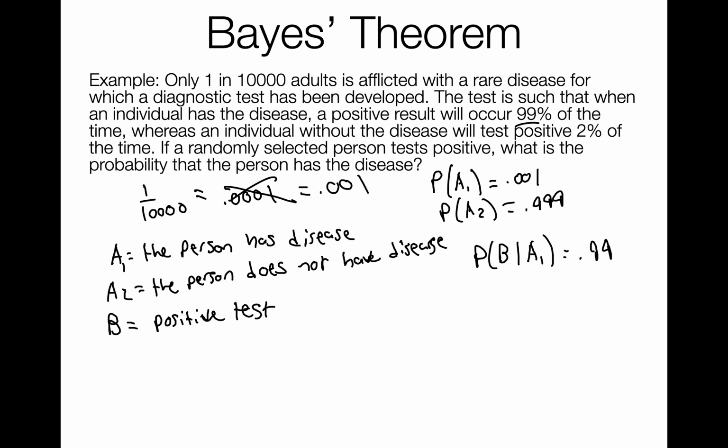It's just like a real life situation. Hopefully, if you have the disease, you're going to test positive. It does that 99% of the time. And then we also know that a person without the disease will test positive 2% of the time. So B given A2 is 2%.